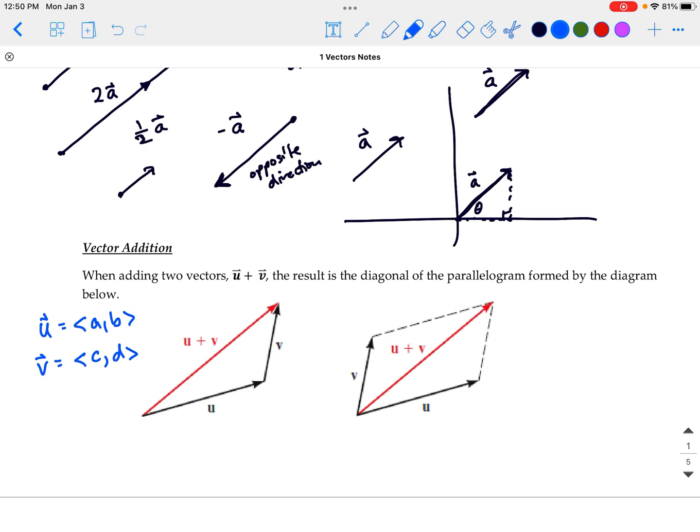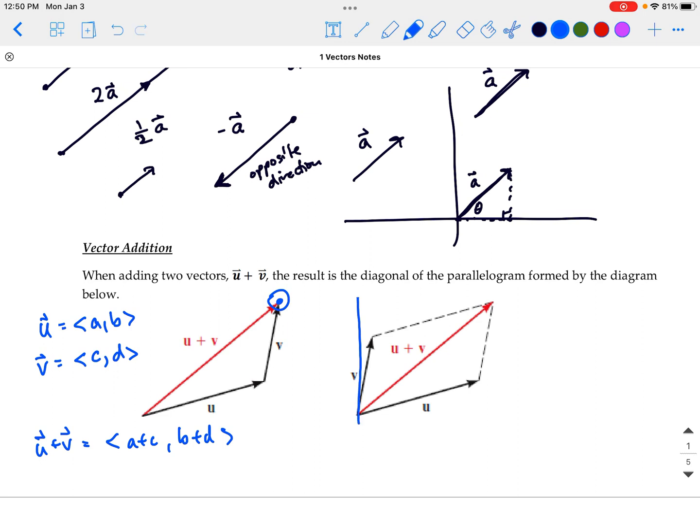So suppose u is the vector <a, b> and v is the vector <c, d>, then u plus v is going to be the sum of the corresponding components. So <a plus c, b plus d>, which is going to be that coordinate that is the diagonal from that kind of origin location to the end of the parallelogram there.